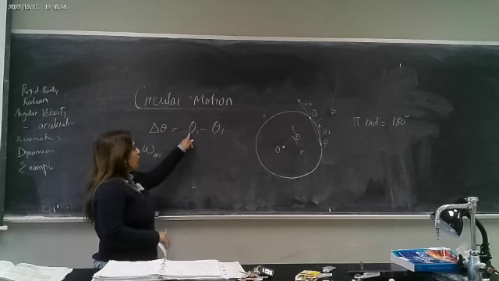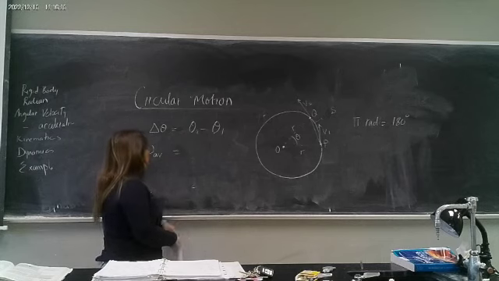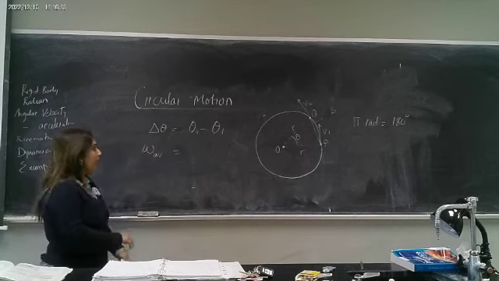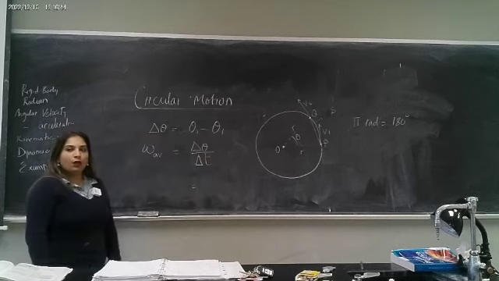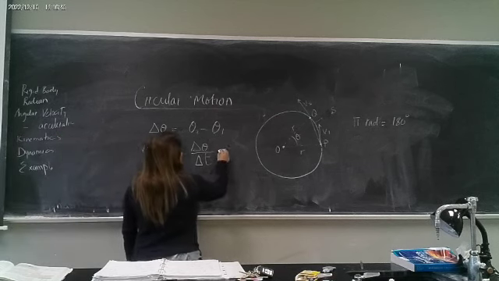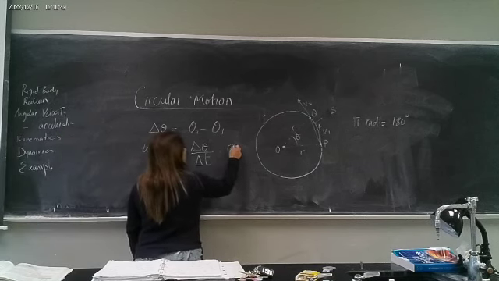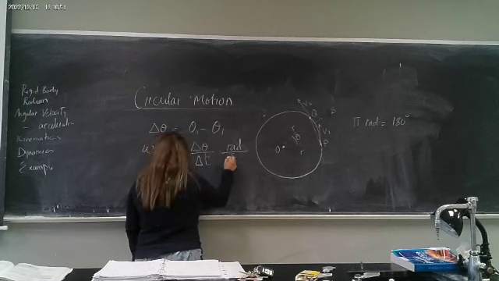When the angle changes, we will have the angular velocity, which is defined as omega. Here, it is given by delta theta over delta t. The unit, since we are measuring angle in radians, is radians per second.